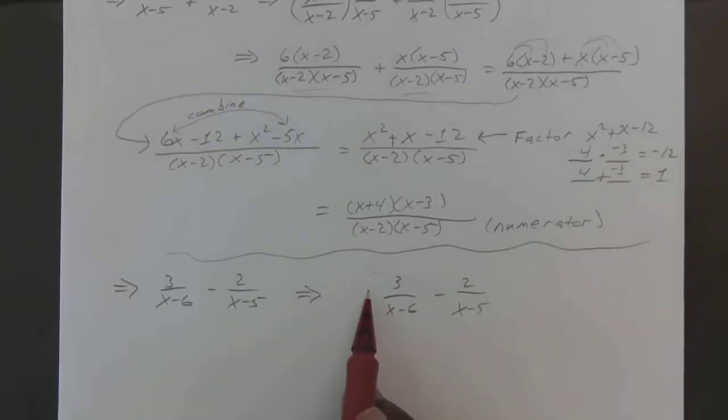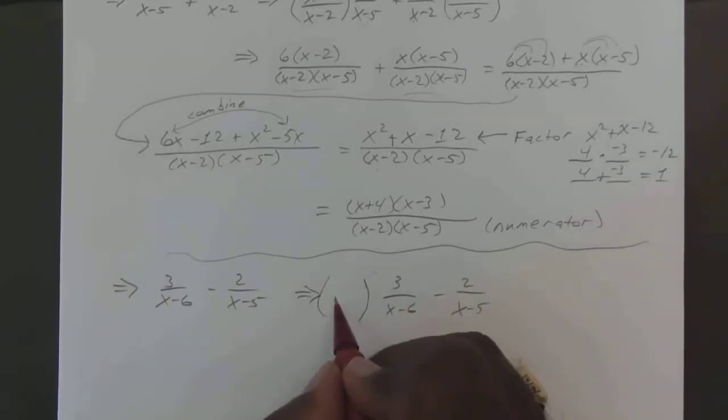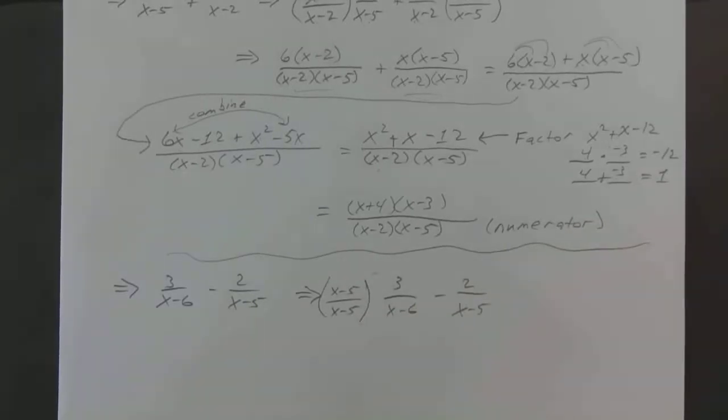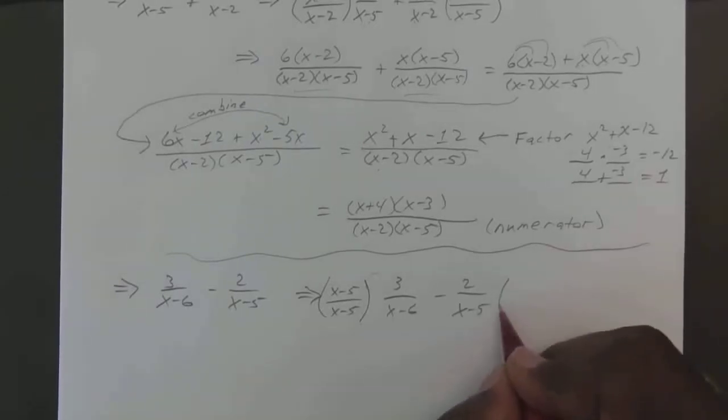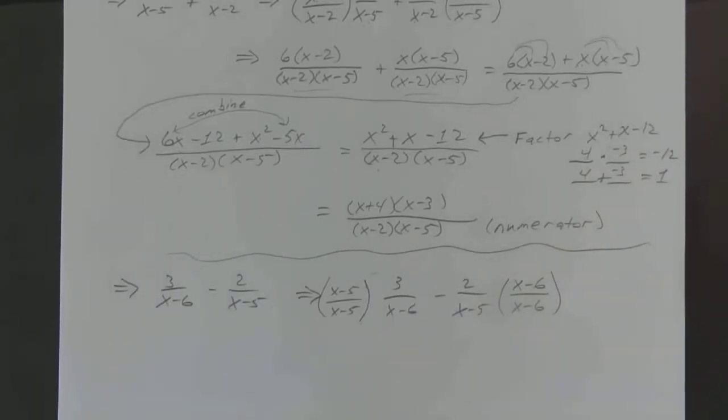We multiply this one by x minus 5 over x minus 5, and we multiply this one by x minus 6 over x minus 6. Now we have our matching denominators.